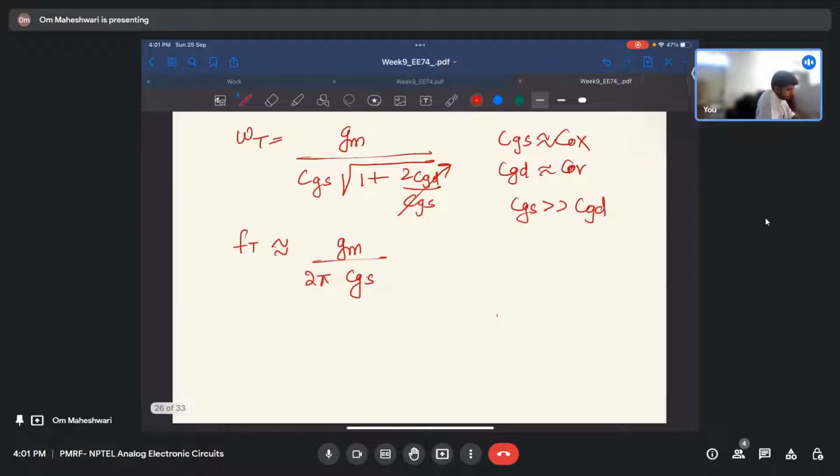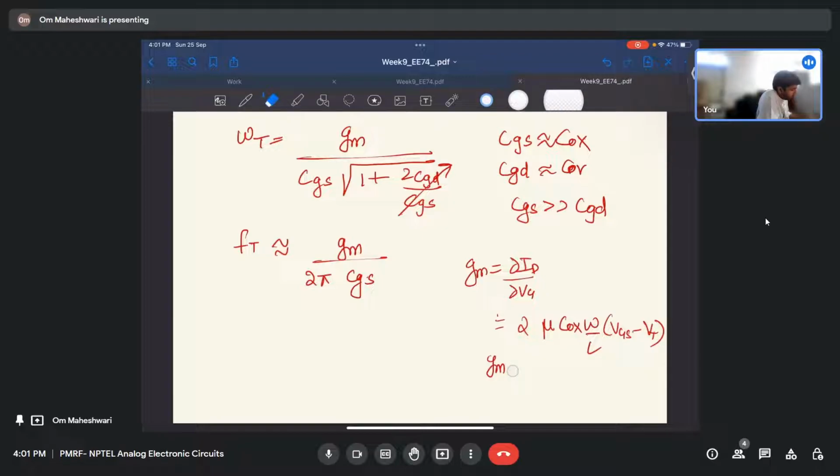Now we just have to analyze how Gm changes with length and how CGS changes with length. So Gm is nothing but del ID by del VGS. So it is just 2 mu Cox W by L (VGS minus VT), right? So if L decreases, Gm increases.